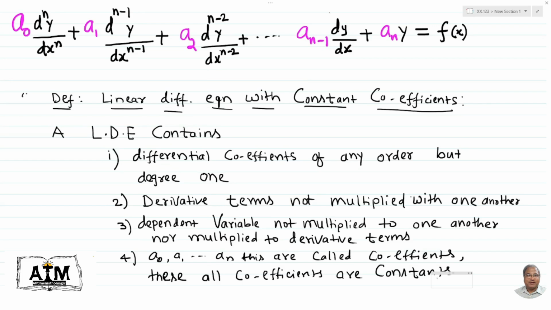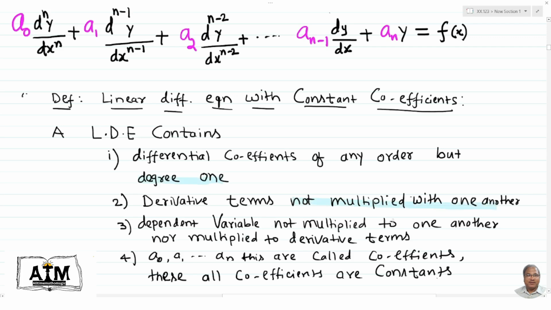So now let us define what is a linear differential equation with constant coefficients. A linear differential equation contains differential coefficients of any order but degree 1, and derivative terms not multiplied to one another.